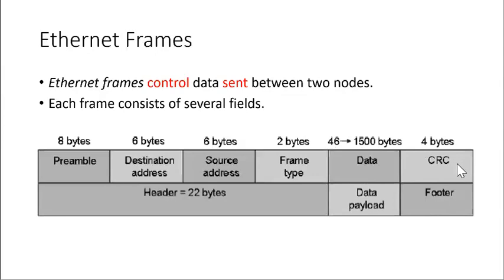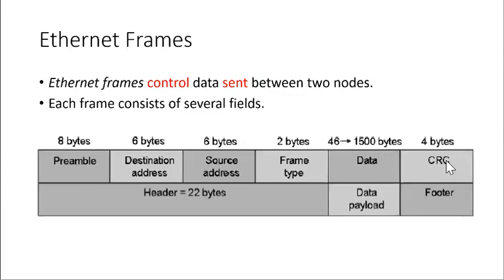So we know why CRC is used, right? CRC is used to ensure that the transmitted data is correct, that there is no disruption or manipulation or change in the data while transferring. The sender calculates the CRC, puts it in the footer, and sends it to the destination computer.